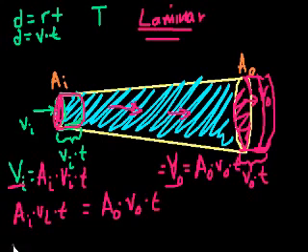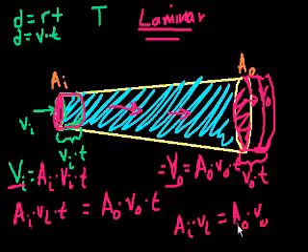And the time is the same on both sides of this equation. So we could say that the input area times the input velocity is equal to the output area times the output velocity. In fluid motion, this is called the equation of continuity, and it leads to some interesting things. We'll do some problems with it in a second.